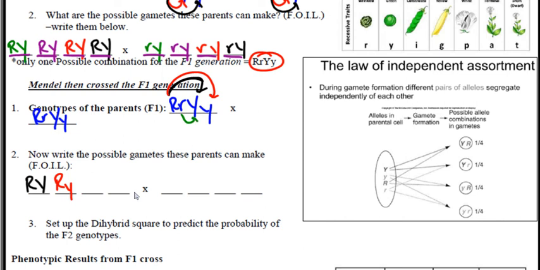Second allele, first allele, lowercase r, capital Y. And then second allele, lowercase r, lowercase y. And since they are the exact same, we will have the same combinations on the other side as well.